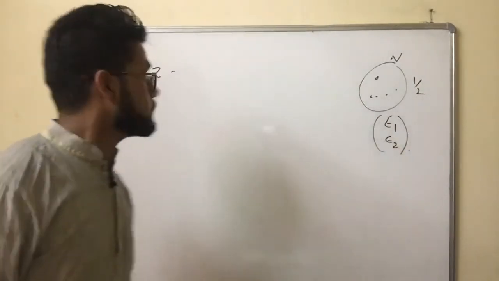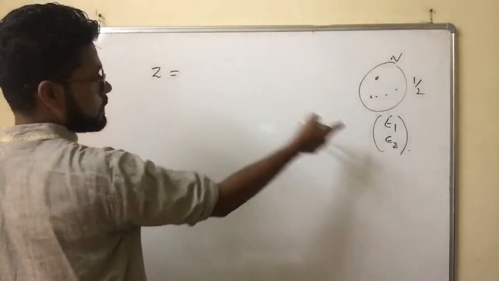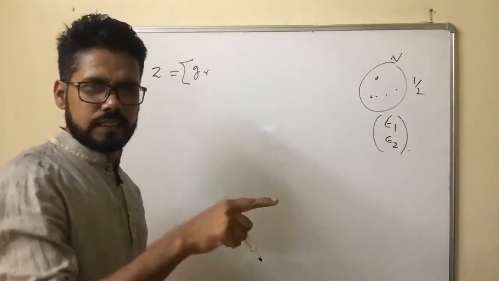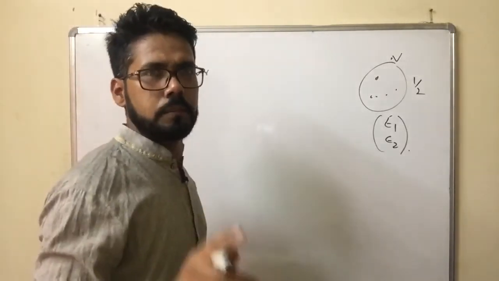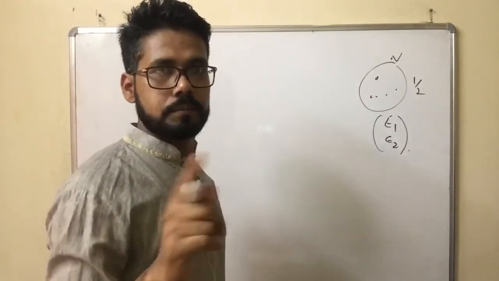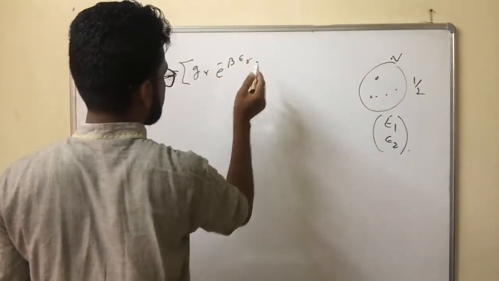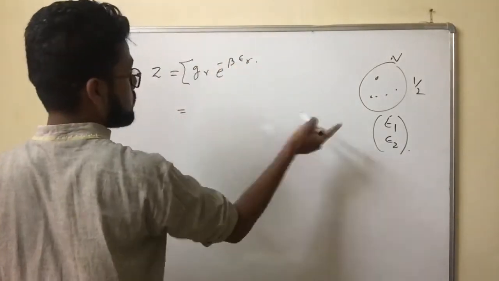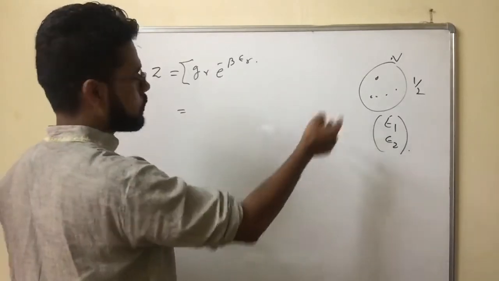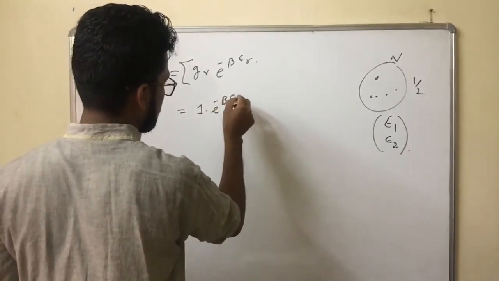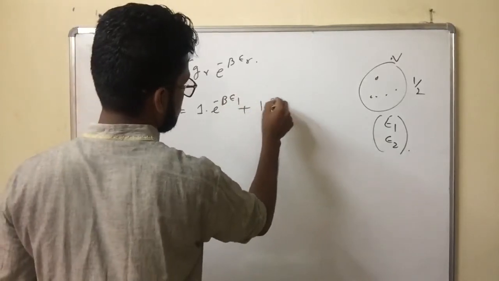What is the partition function? All are non-degenerate. This is the formula, and you can use the degenerate or non-degenerate formula. It's no problem, but you have to understand the basic difference. e to the power minus beta E_r, the sum over all states. Since it is non-degenerate, first g_r equals 1, so e to the power minus beta E1 plus 1 into e to the power minus beta E2.